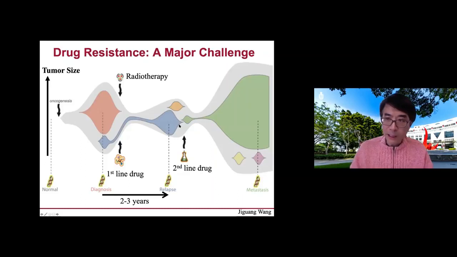So maybe during this 2 to 3 years, I can develop a new drug that is able to treat the drug resistant mutation, right? After another 2 to 3 years, for the green colored tumor showing here, I can develop a new drug, right? So if that's the case, then patient can keep living by taking first line, second line, third line, and fourth line cancer targeted medicine, right? So that's just a very wishful thinking.